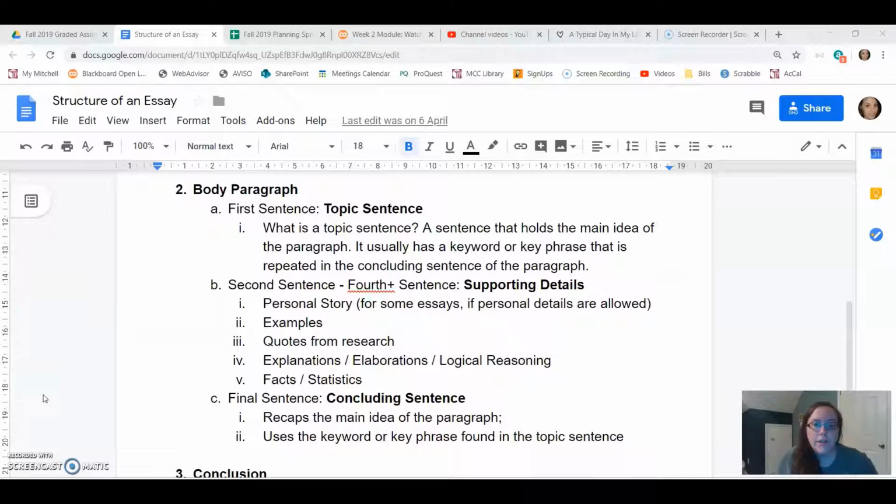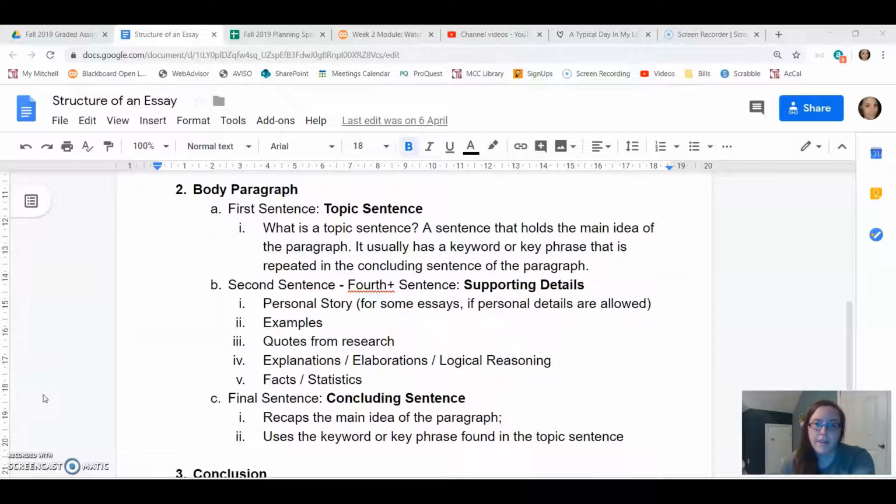Examples are another really great way to help provide supporting details, and examples for this essay in the form of personal stories are wonderful, but those aren't the only types of examples that you can use. You can come up with an example from something that you've read.